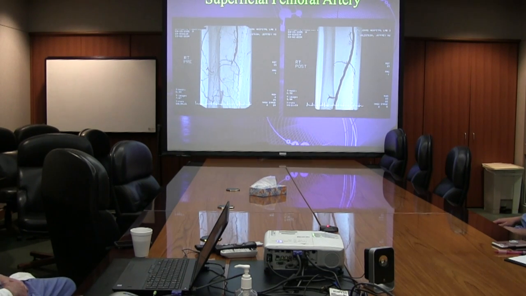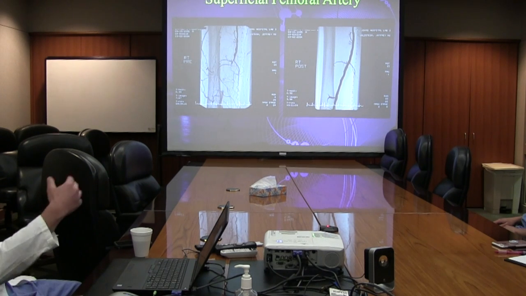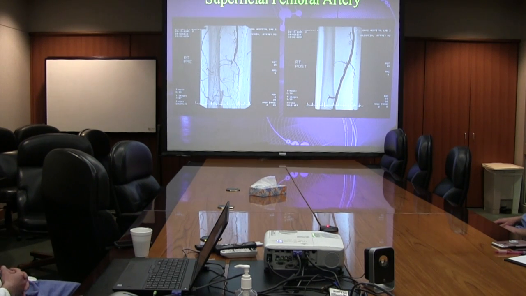So where would this person's claudication be? Would it be in the calf? Exactly. What are those squiggly vessels coming off to the right and left of the vessel on the left side image that are gone on the right side image? The collaterals. And why are they not there on the right side? Because there's better flow in the main artery.